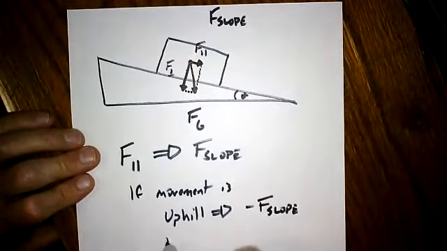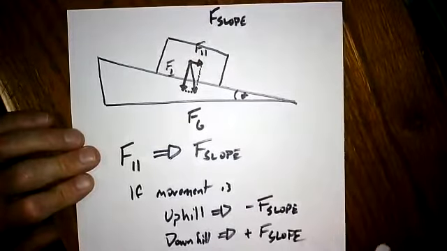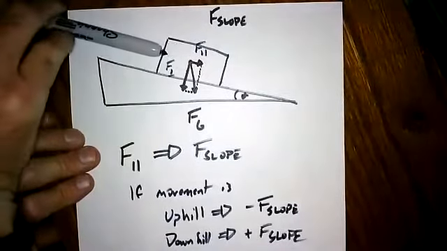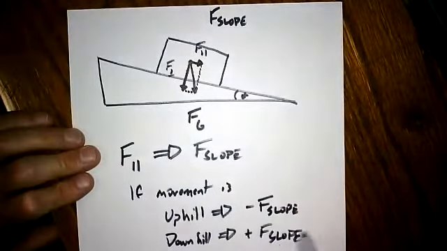If the movement is downhill, if I'm biking downhill or I'm running downhill even, F slope is positive. So if I'm trying to move in this direction, now that parallel force component is in the same direction of movement. So now that's helping me move downhill. Okay, so this is important.